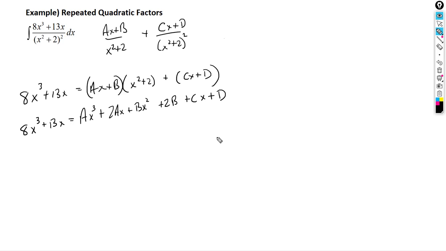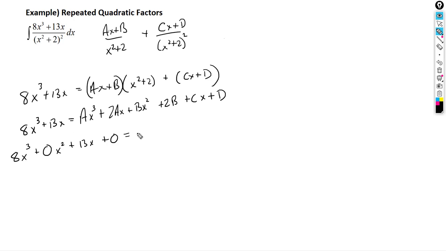What I can do with this 8x to the third plus 13x is take it as 8x to the 3 plus 0x squared plus 13x plus 0. I didn't change the value. I just put a 0 in place of the x squared piece that I don't have over here, and I put a 0 where the constant is at the end.